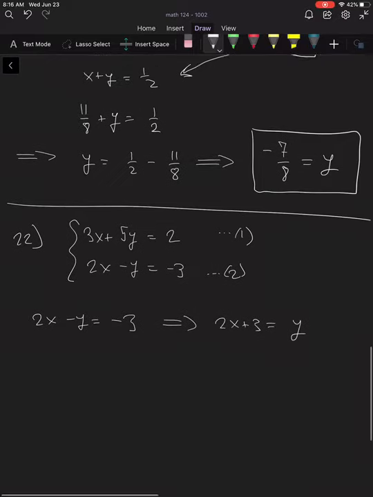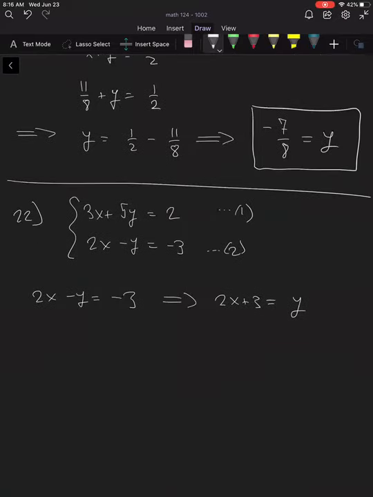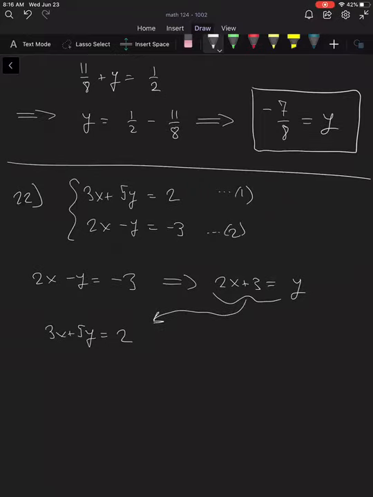So now we have to take this and plug it into the other equation. So we chose equation 2 to begin with, so now we need to choose equation 1. What we need to do is plug this y into this equation. So we are going to get 3x plus 5, and now we're plugging in y, so 2x plus 3, that's equal to 2.